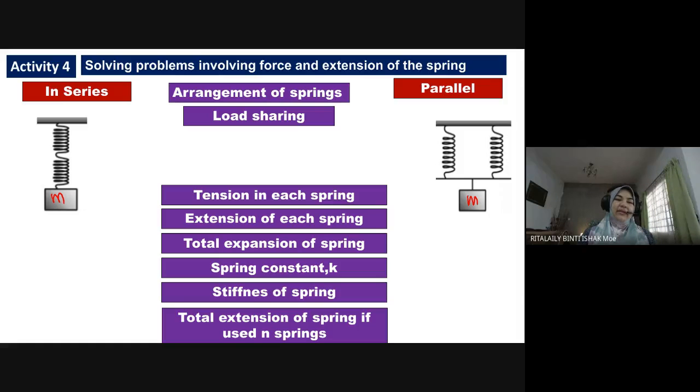Okay, so if the arrangement is in series, the first spring will hold M, the second spring will also hold M. Maksudnya the weight dia akan pegang is M, and then the next spring is also M. But if it's arranged in parallel, the load is divided among the springs. So this will hold half of the M. This one will hold half of the M.